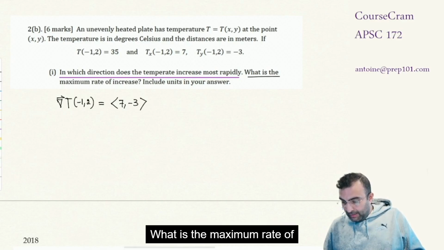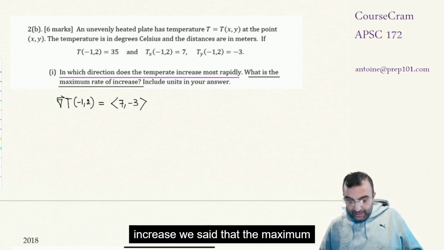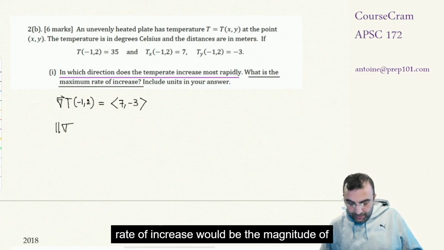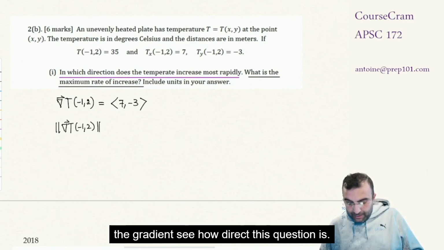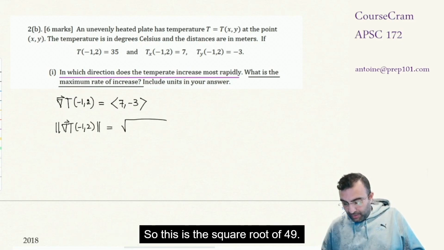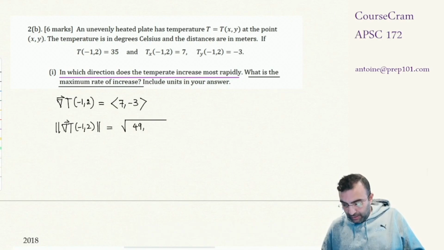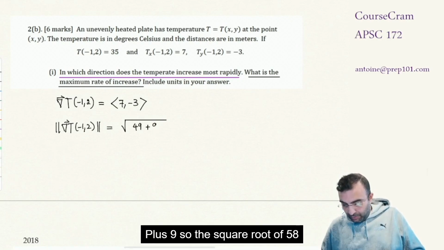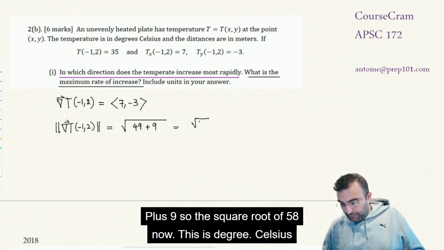What is the maximum rate of increase? We said that the maximum rate of increase would be the magnitude of the gradient. See how direct this question is? So this is the square root of 49 plus 9, so the square root of 58.